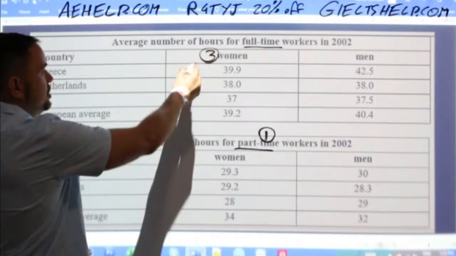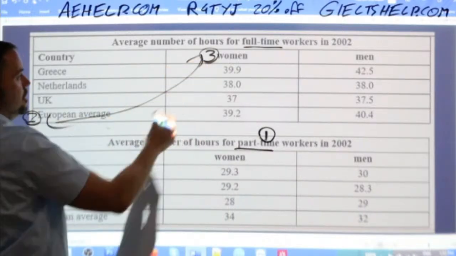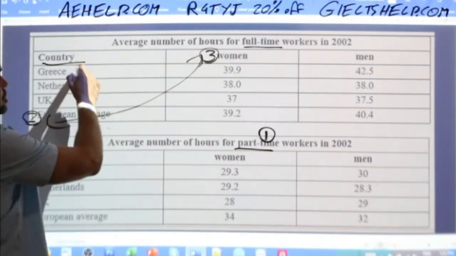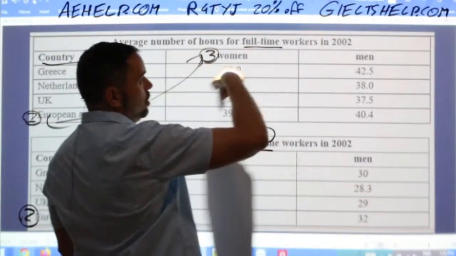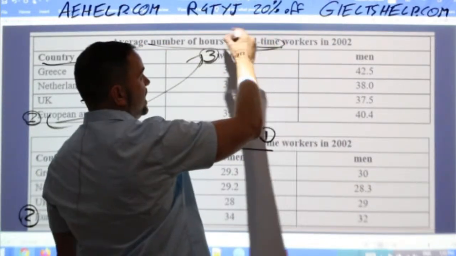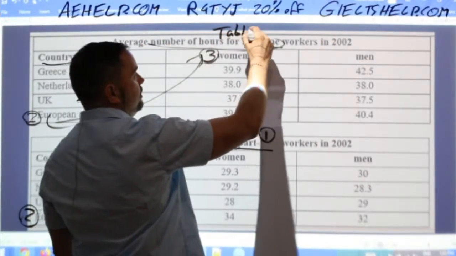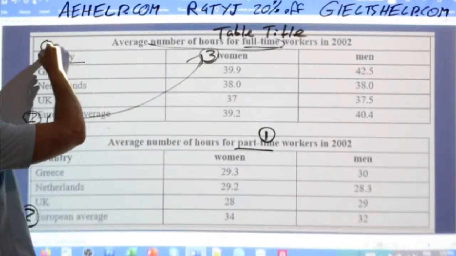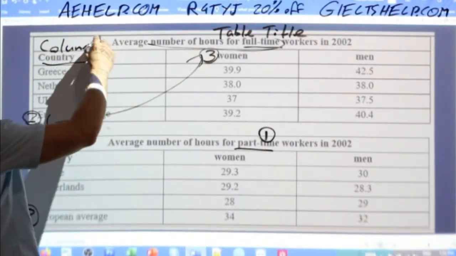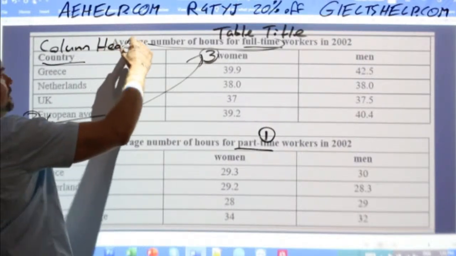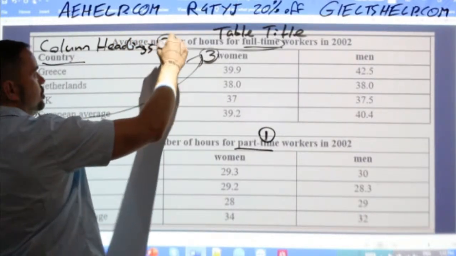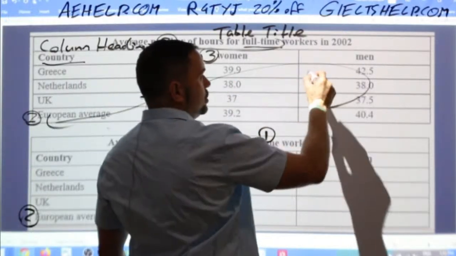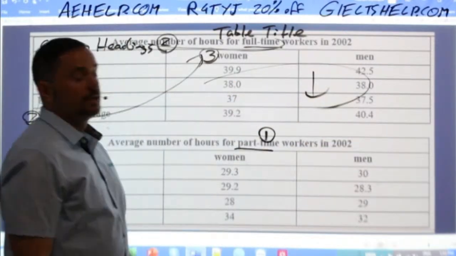Or you could switch 2 and 3, they're fairly close, but those are your headings, right? So country, women, men, that's your column headings, and that's your table title. So think table title, that's number 1, and then your column headings, that's always going to be your number 2, okay? Everything else that's in here is lower on the hierarchy.